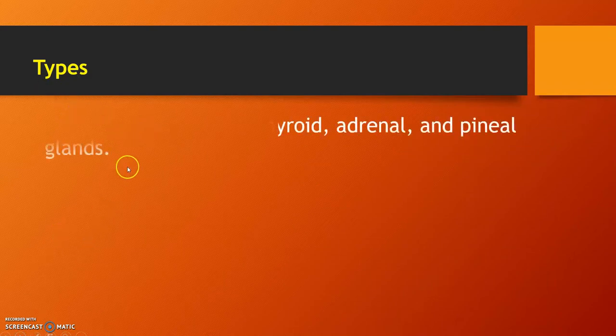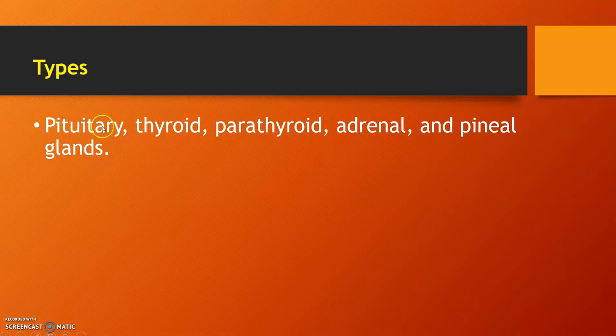Let's move on to the types of endocrine glands. Now, these glands like the pituitary, thyroid, parathyroid, adrenal and pineal glands are the exclusive endocrine glands. Now, what is the meaning of exclusive endocrine glands? These are the glands which secrete hormones which have a role in the endocrine system.